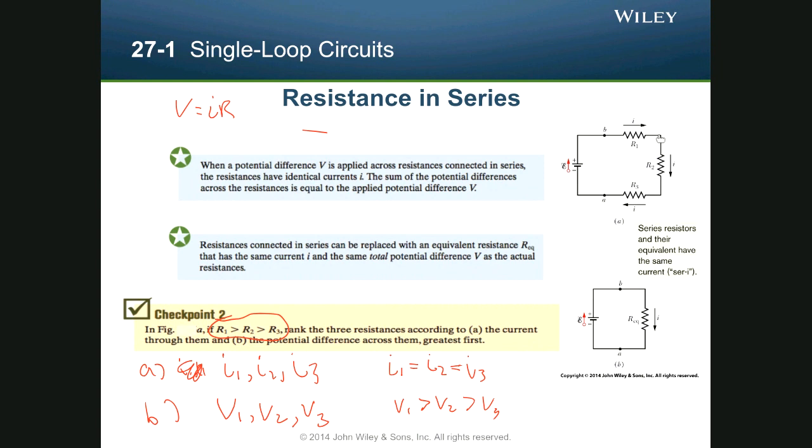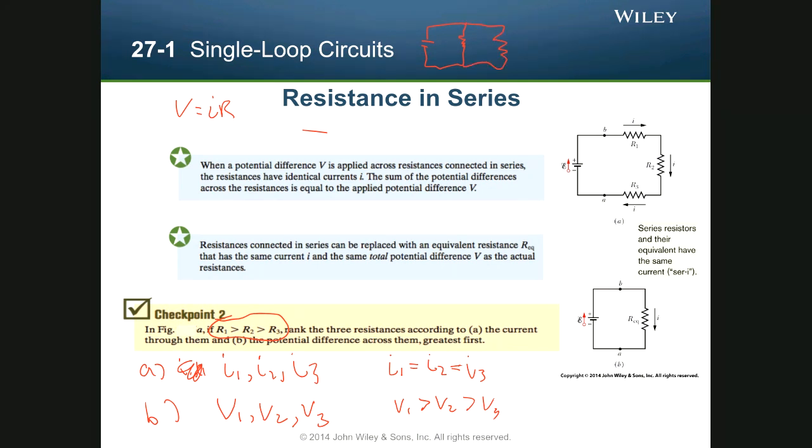I'll draw you a quick circuit in parallel to see the difference. So those are two resistances.